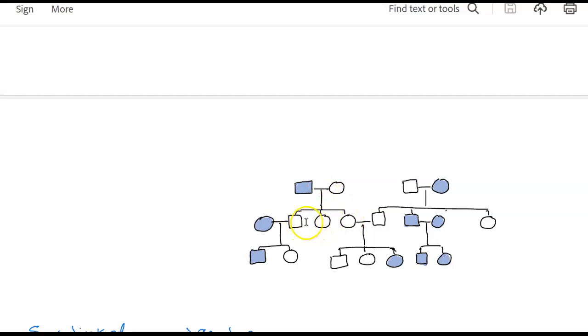Notice that you don't even see it in this group's offspring, but once they've married someone who's affected, you can see it there. This child who is not affected marries the son of this couple, and they actually do have one affected child. And then this son is affected, marries a woman who's affected, and both children are.